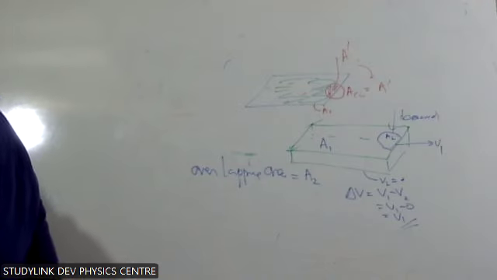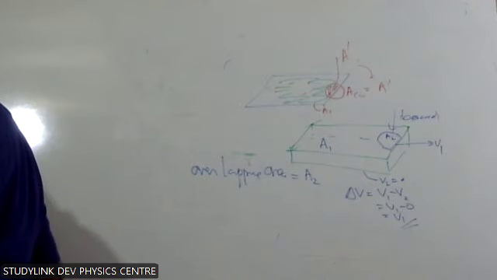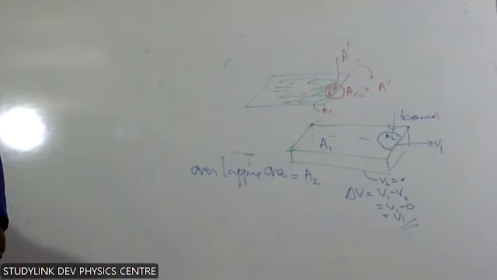Note down quickly. In a flowing liquid, two liquid layers have velocities of 4 m/s and 6 m/s. And the perpendicular distance between the two layers is 2 millimeters.